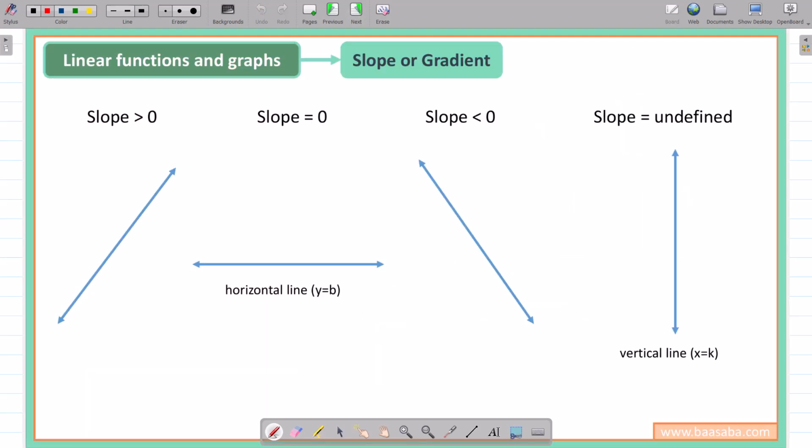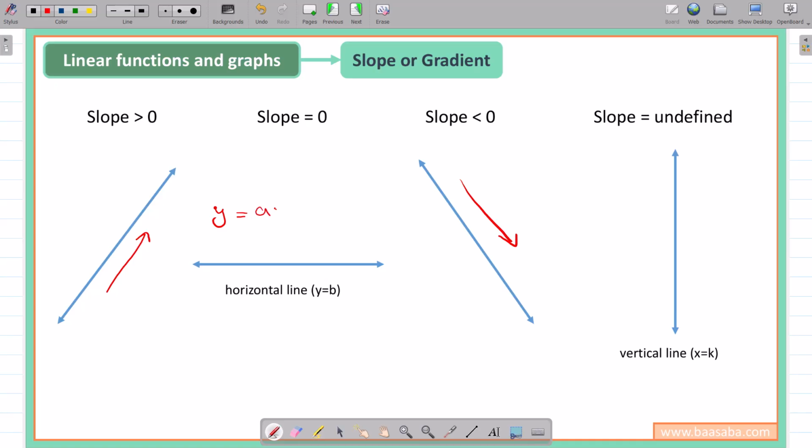Here we have different kinds of lines. As I said before, when the slope or gradient is greater than 0, the line is going upward. When it is less than 0, it is going downward. We have two other cases here. If we have a horizontal line, it means the slope is 0. So, what was the gradient intercept form of a line?